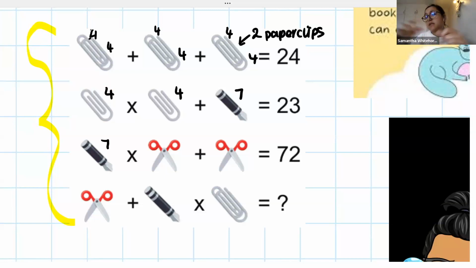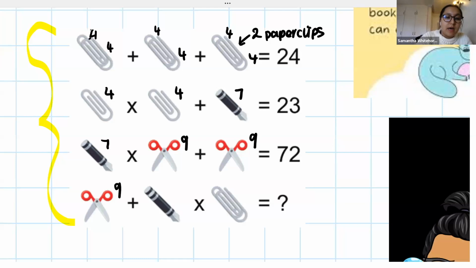So we need to decide 7 times what plus the same value gives us 72. Now I have to do some maths here. And so 7 times 9 gives us 63. And then 63 plus 9 gives us 72. So our scissors are 9.